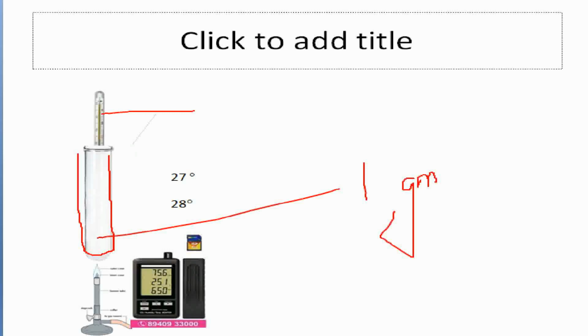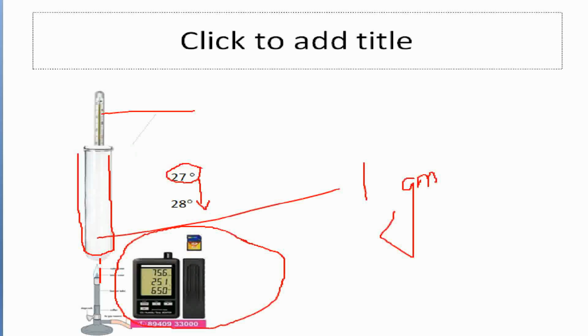Let the thermometer show the temperature as 27 degrees Celsius. Now we heat it using a Bunsen burner connected to a monitor. This monitor indicates how much energy we use to increase the temperature from 27 to 28 degrees Celsius.